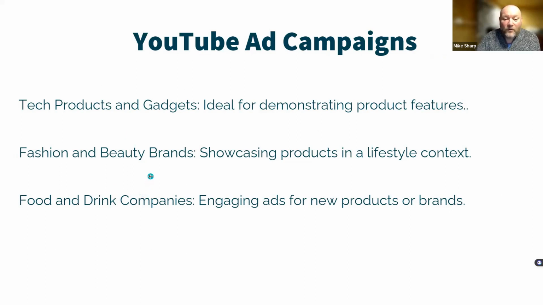But there are probably more types of businesses that could use YouTube ads than just those. Even local companies can use YouTube ads for their business, because obviously you can target a YouTube ad to the local area. It doesn't have to be a national campaign, but it's a good way of getting your message out.